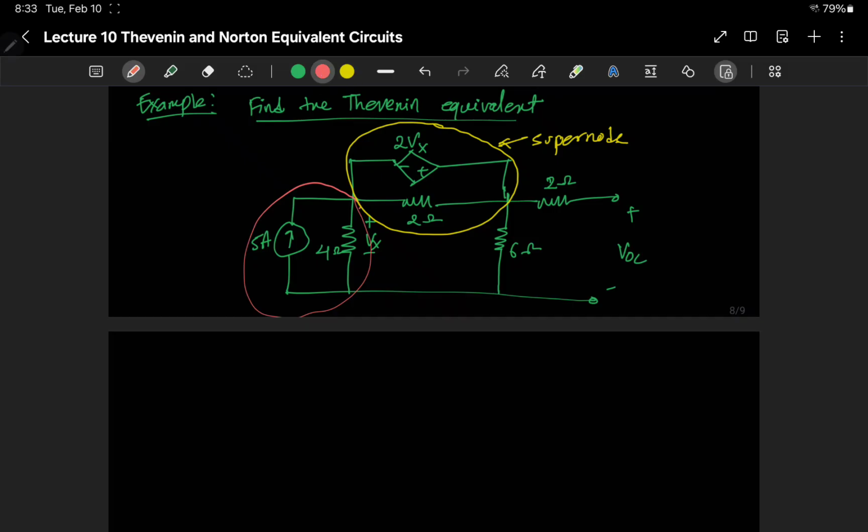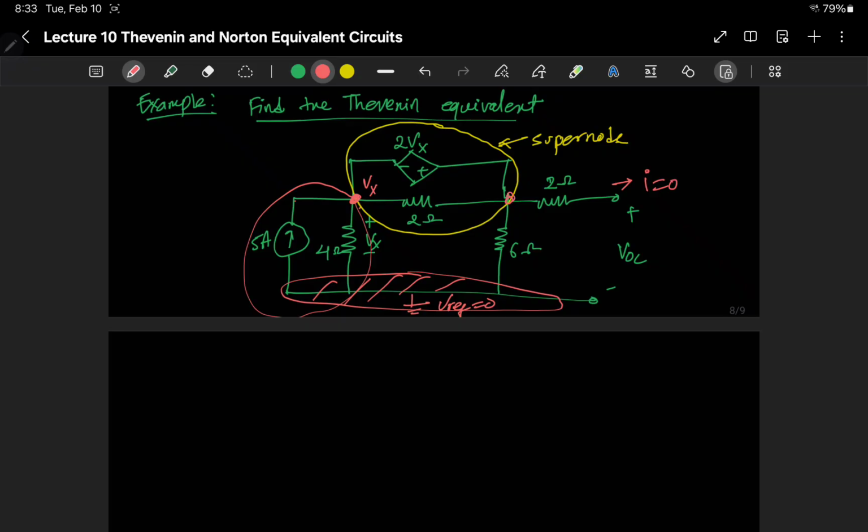Okay, so since this is an open circuit, we have I equals 0 here. We have 4 nodes, and if we consider this as the ground, V reference is equal to 0. This current here will be 5, right? So this will be same, and the only unknowns are this, which we can call Vx, and one is here.